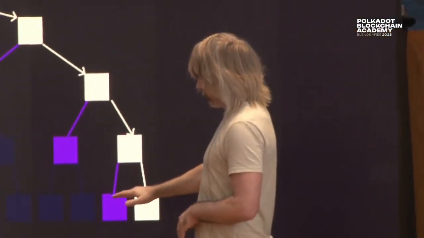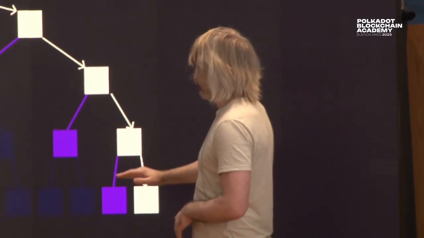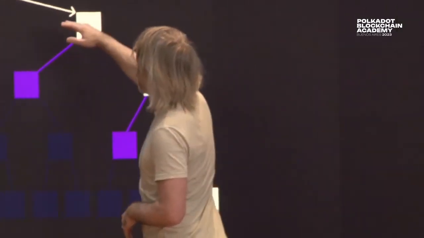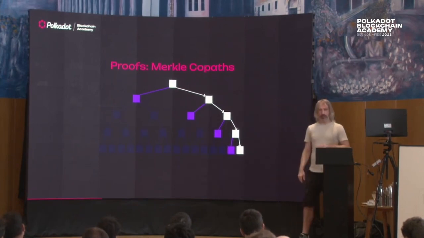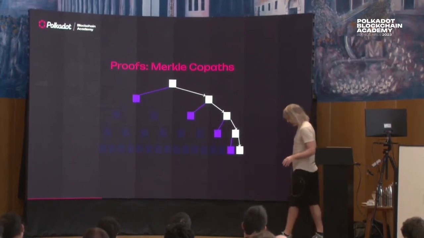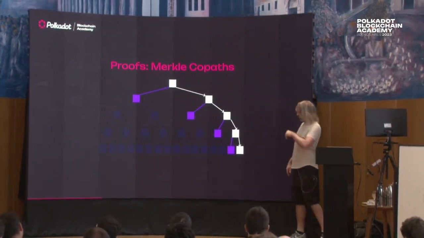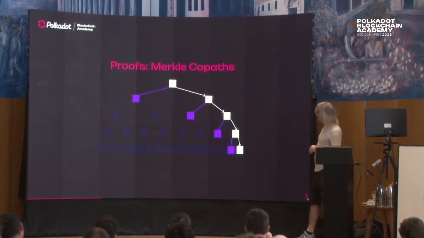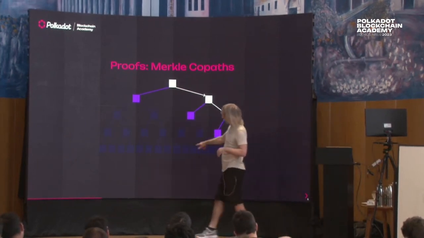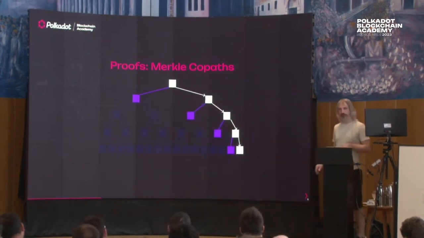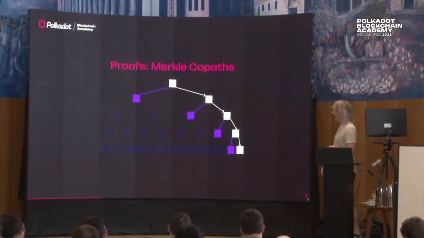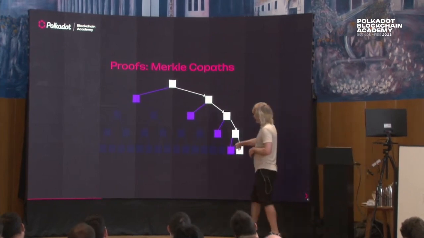And if it's perfectly balanced, then the proof size is basically 1 hash for each level below the root. So mathematically, it's log base 2 of the number of child nodes. In this case, 4. Yeah, 2 to the power 4 gives you 16.